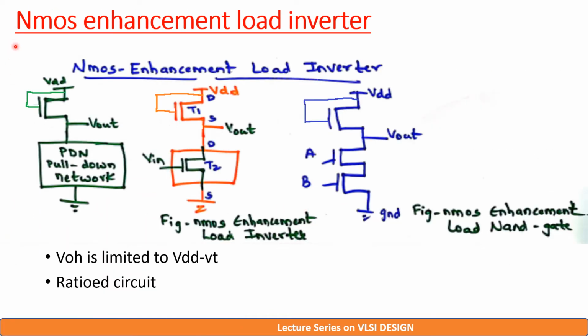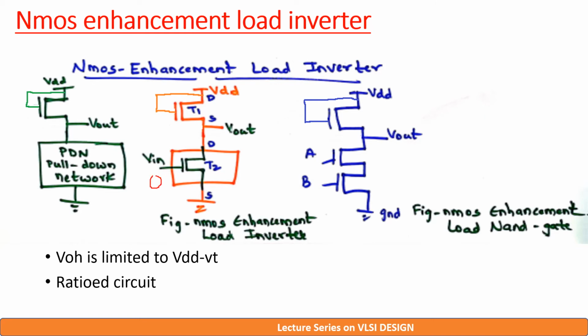So the next configuration is an NMOS enhancement load inverter. The load is an NMOS enhancement device whose gate and drain terminals are shorted, which in turn is connected to VDD. So NOT gate will have a single NMOS device as a pull down network.